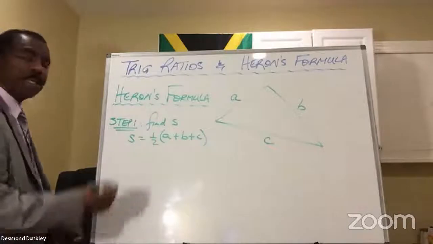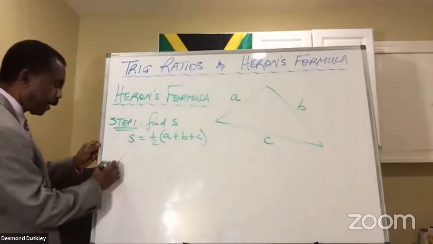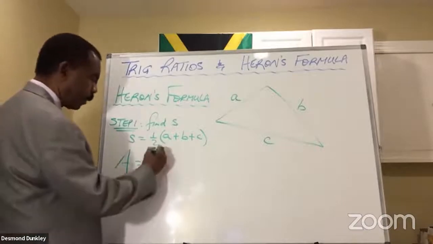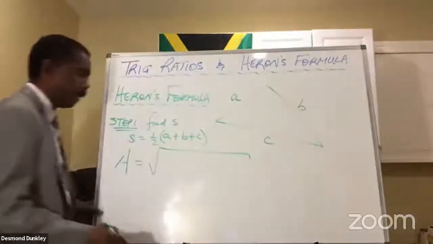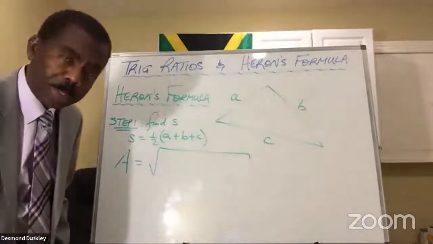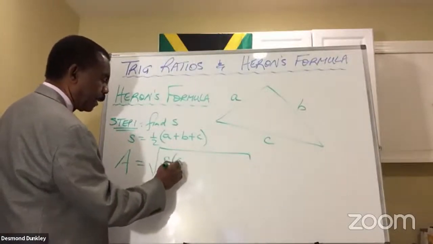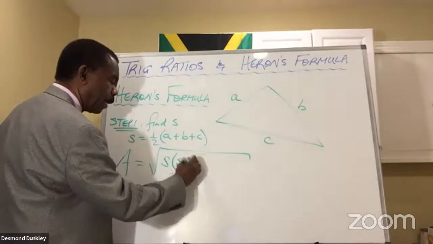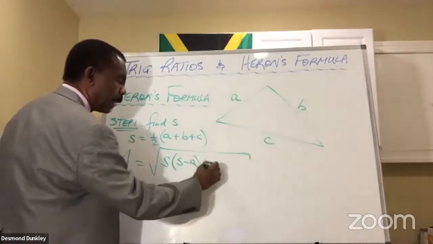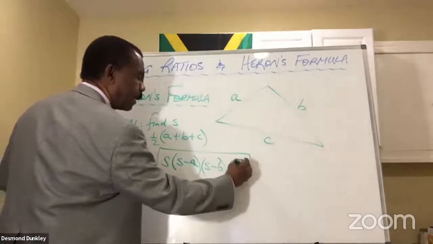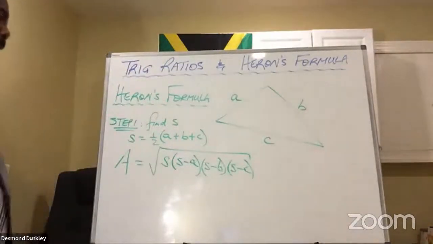And then the next thing says that the area is going to be equal to the square root of, you ready for this? This is a formula now. It's going to be S times S minus A times S minus B times S minus C. That's it.